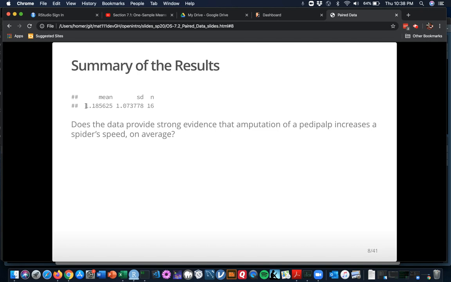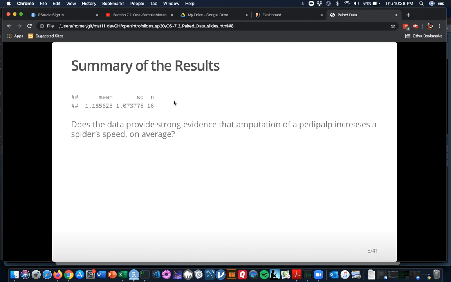The sample mean turned out to be 1.18 centimeters per second. And the standard deviation of those differences turned out to be 1.07. And there were 16 spiders. So that's a little summary of the results.